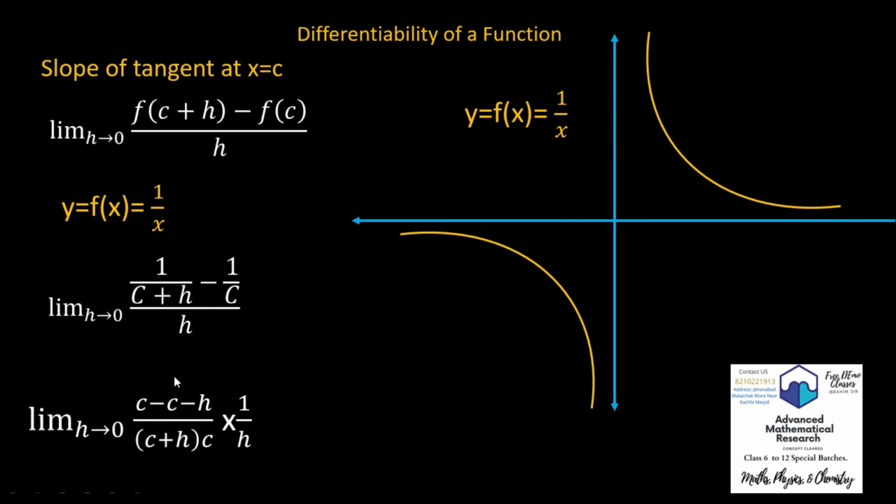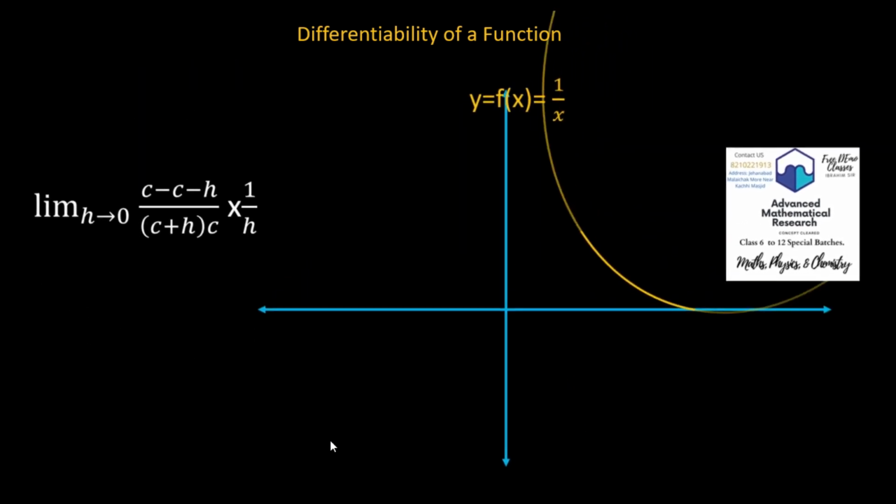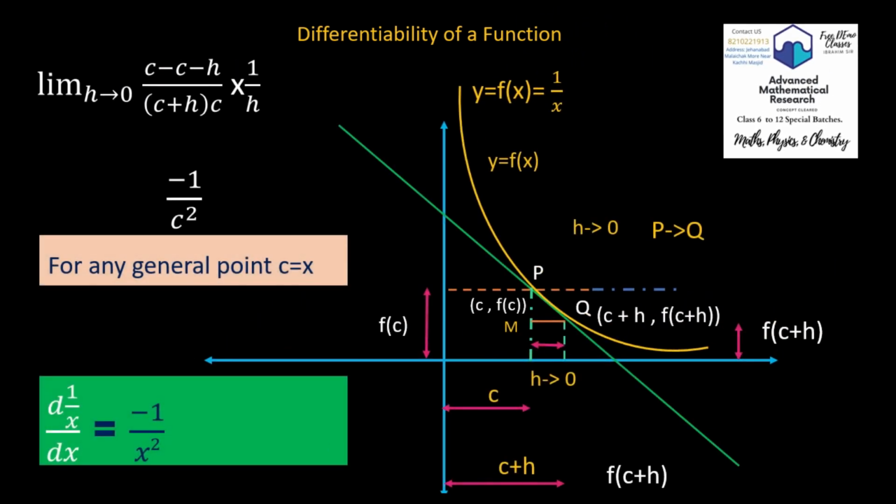The c and c will cancel out, and you will be left with minus h divided by h, so it will become minus 1. So minus 1 divided by c plus h times c, where h is tending to 0, the denominator will become c square. So minus 1 upon c square.